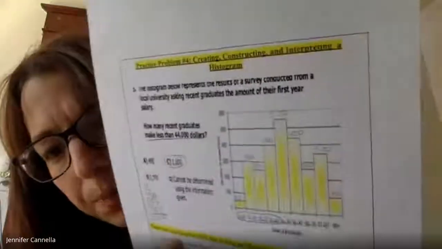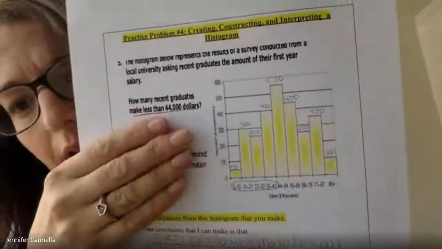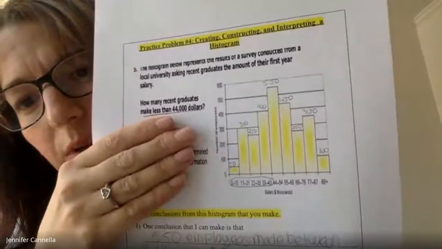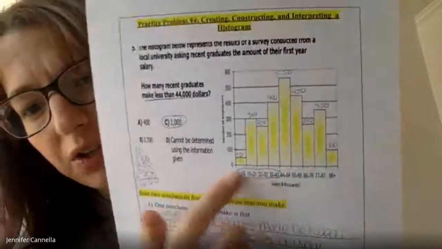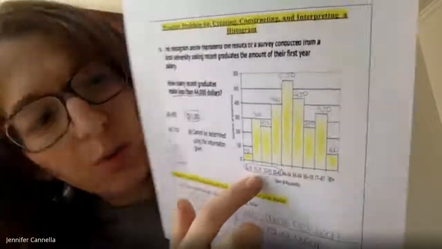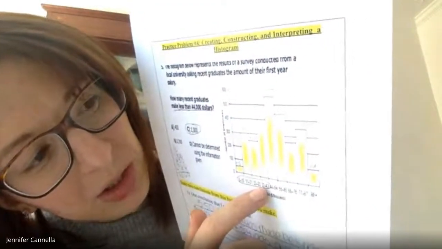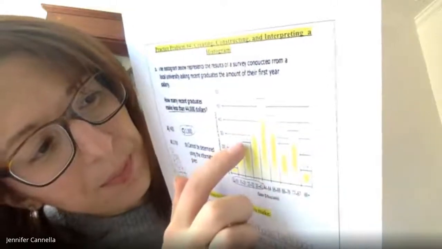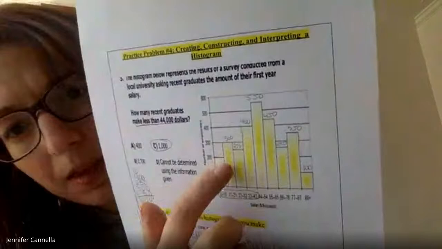So now it asks you how many recent graduates make less than 44,000. You're going to add up the intervals I circled. 400 and 250 is 650, then 300 and 350 is 4. So 6 plus 4 gives me 1,000.